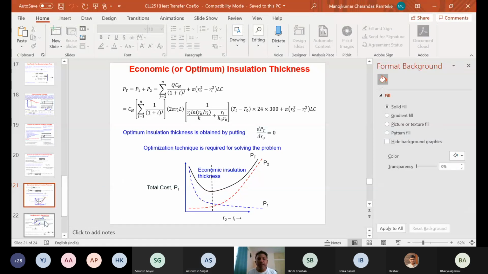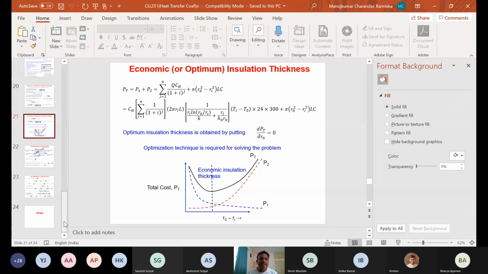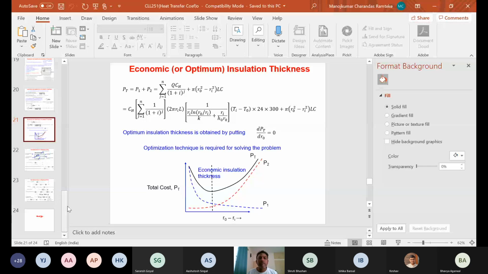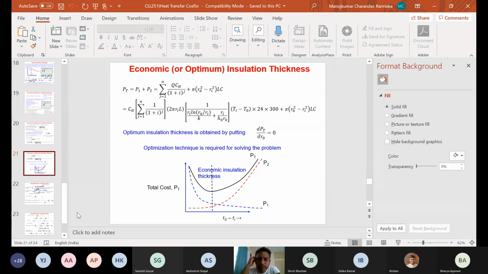So there is one more topic left in this particular chapter. Maybe we will cover it in the next class. Two more slides are there. Anyway, we will cover it in the next class, and then we will start with forced convection.